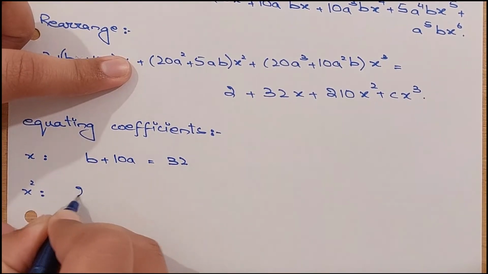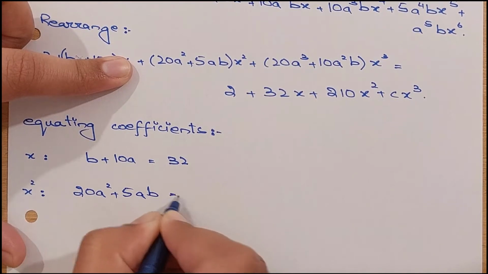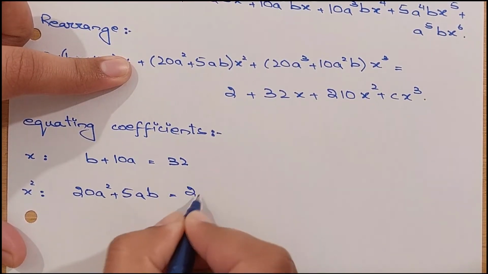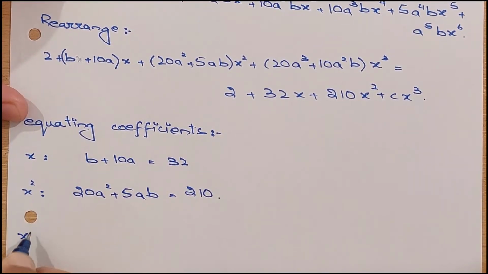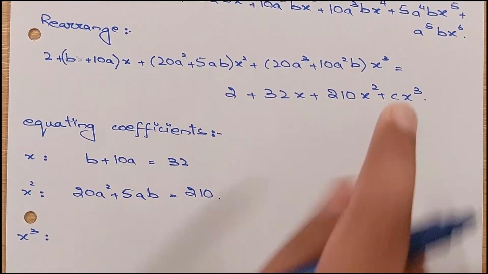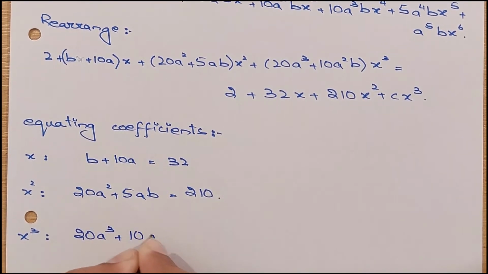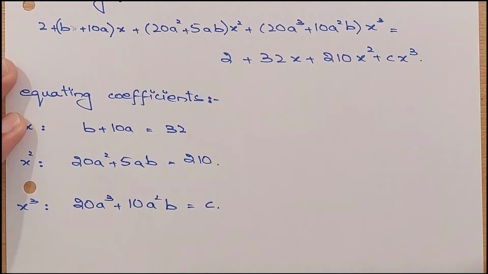So the x square coefficient is 20a square plus 5ab. This is equals to 210, right? And the x cube coefficient equals c. So here we can say that 20 a cube plus 10 a square b, this is equals to c.